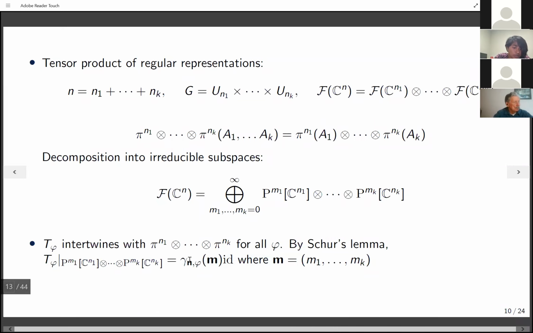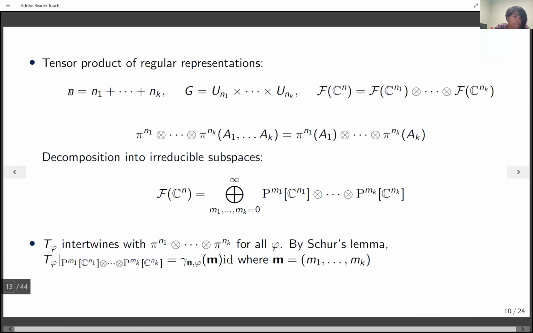Here we denote the constant by gamma n phi of m. M here is this k-tuple, which denotes the sequence of degrees of the polynomial spaces, and n is just the k-tuple we fixed for the group.